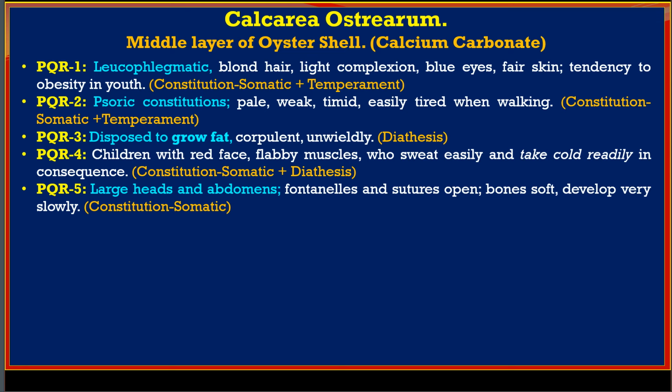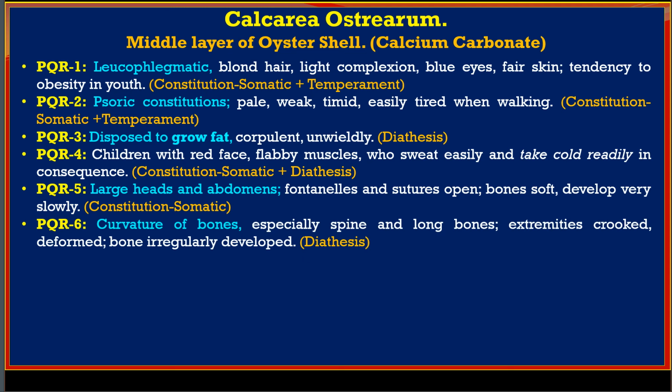Such kids have a large, boxy head, what we call in rickets, and a large abdomen. They develop very slowly. Their physical growth is retarded. That is what the PQR tells us.